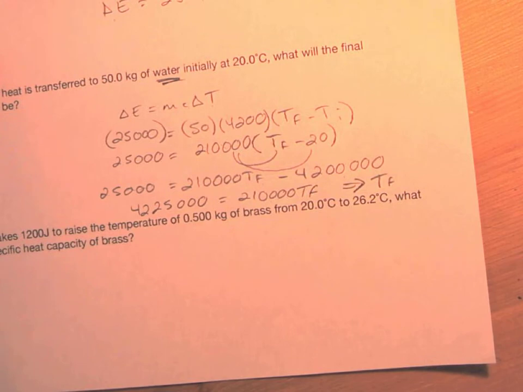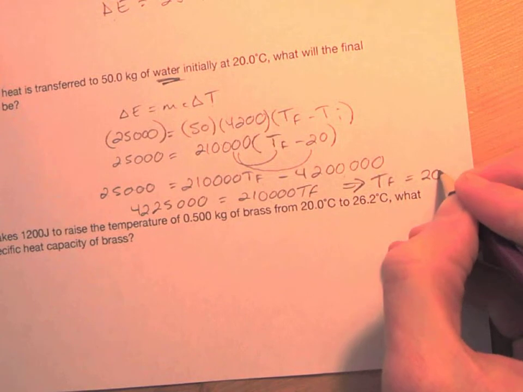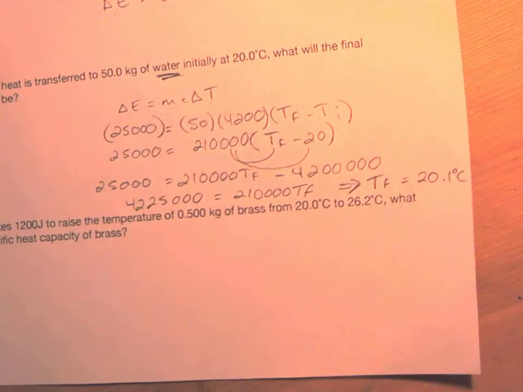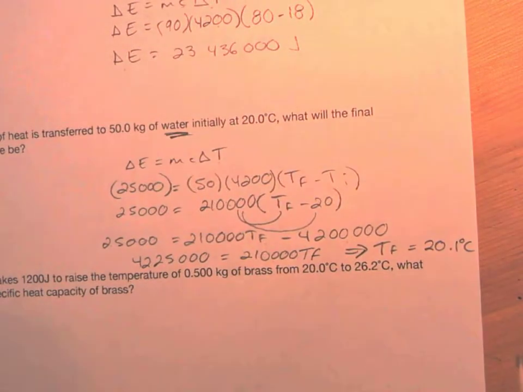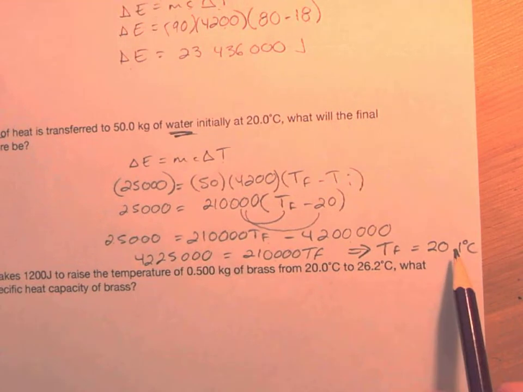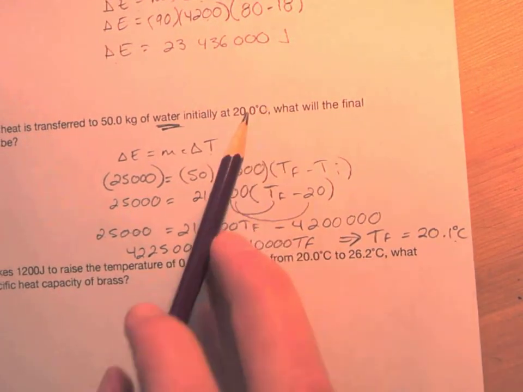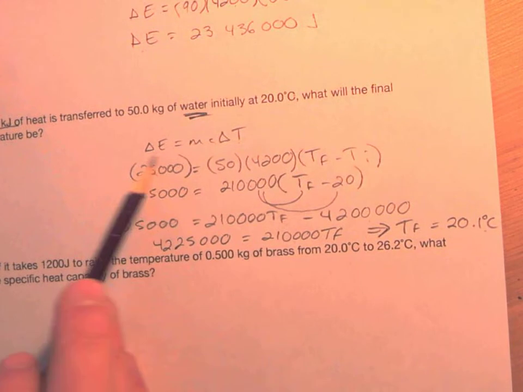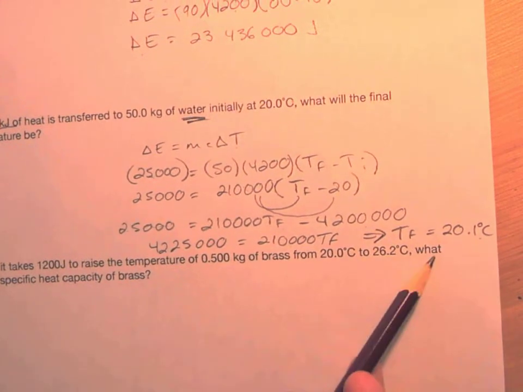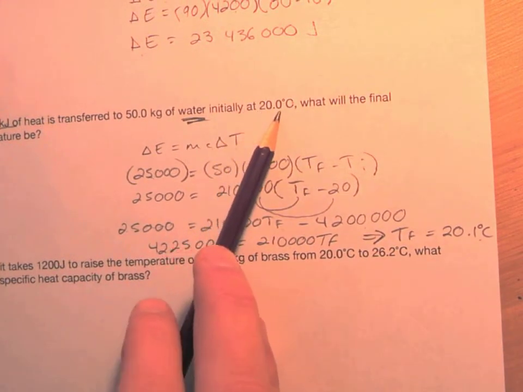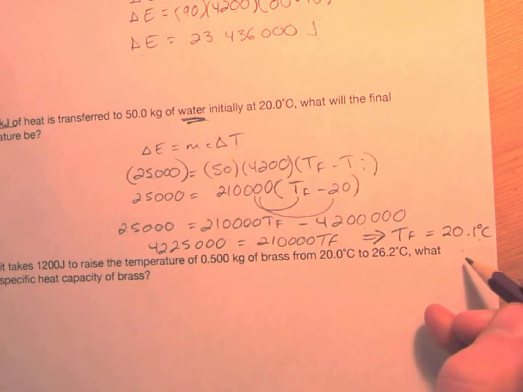Let's do that division. 20.1 degrees Celsius. So our final temperature will be 20.1 degrees Celsius from 20. So we're putting in 25,000 joules of energy, which is a lot, and our water will only increase by 0.1 degrees Celsius. Interesting.